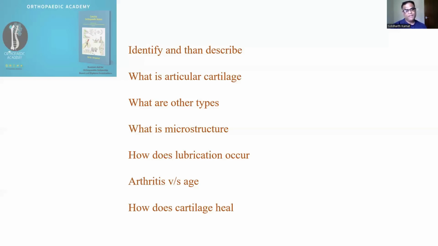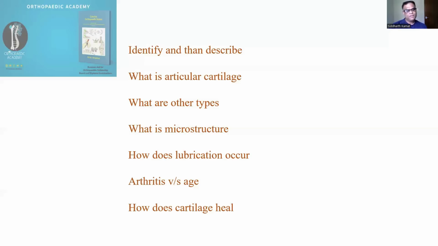Whereas if the injury has not gone to the tide mark, then cartilage does not heal. All that happens is chondrocytes get proliferated.